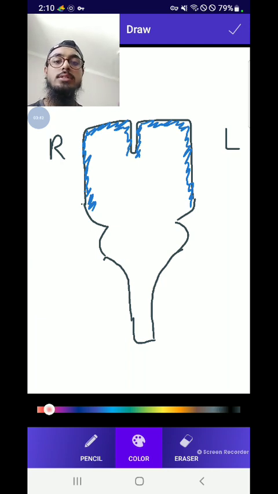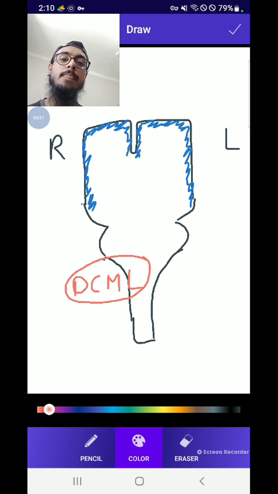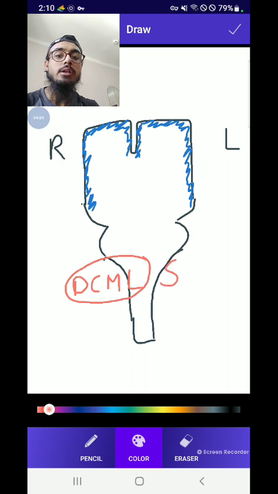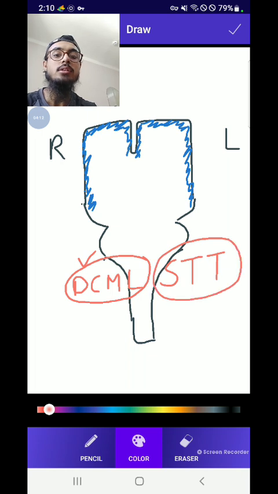One of the pathways is the dorsal column medial lemniscus pathway. And the second pathway is the spinothalamic tract.